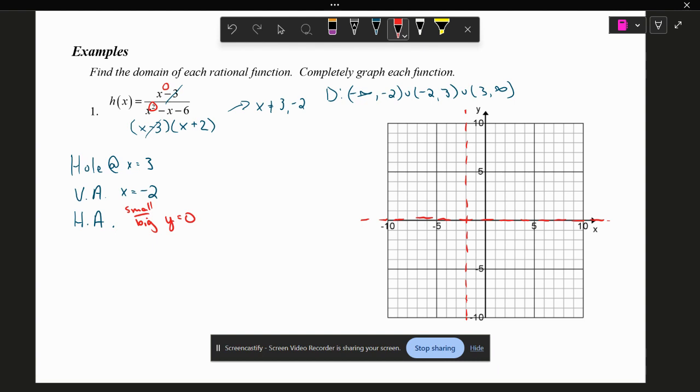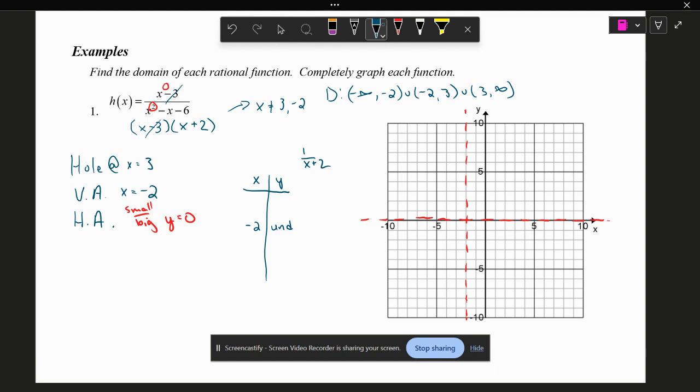I'm going to make a t-chart for my equation. My equation being x, y, 1 over x plus 2, because that's what it's simplified down into. I have my vertical asymptote at negative 2, where it's undefined.